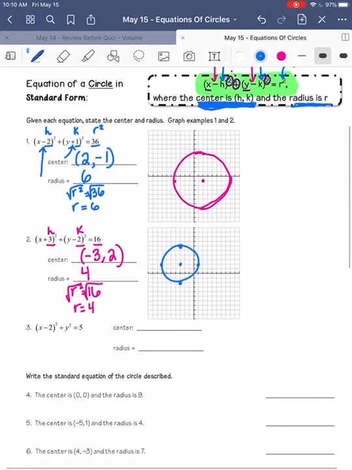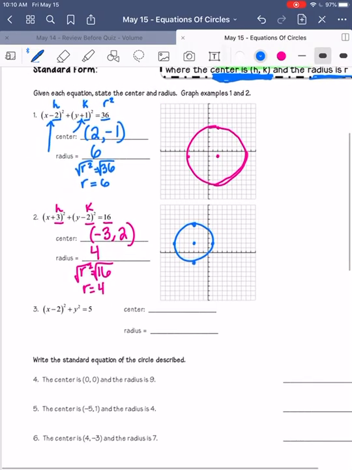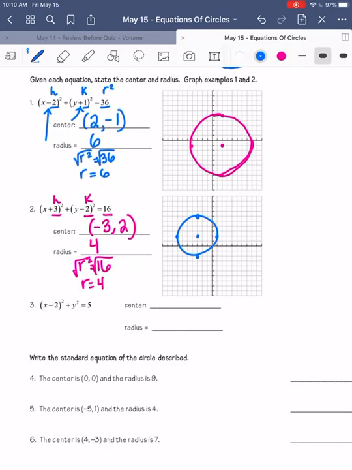All right, and then number 3 is just one more example. We'll talk about why I don't have a graph for this one in just a second. So let's start with the radius. So our radius squared is 5. All right. This one is not a very quote-unquote pretty one because if I have r squared equals 5, that's not a perfect square, right? So that means this is going to have to be a radical.